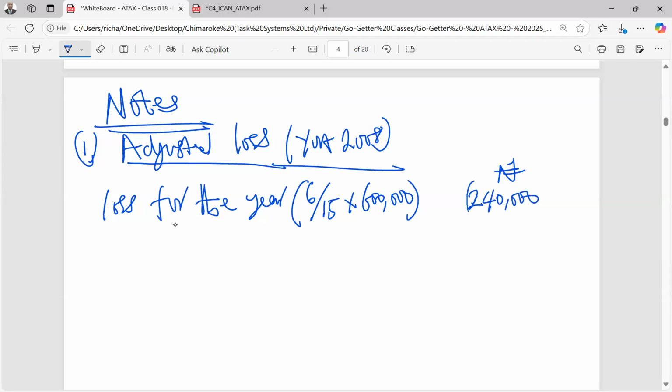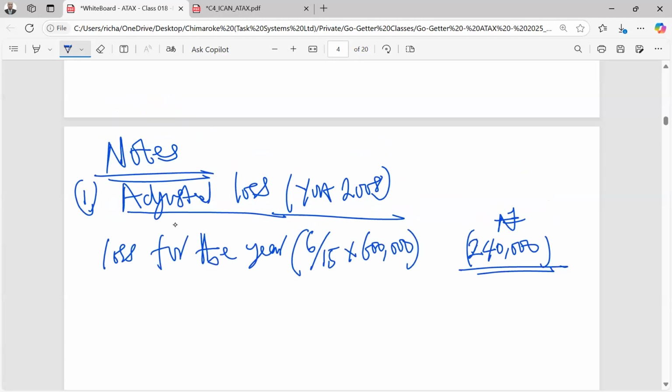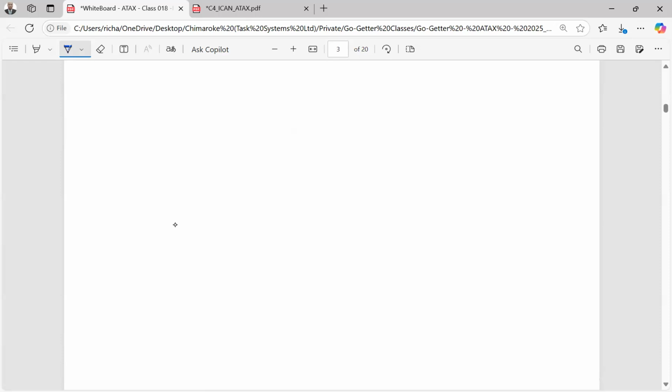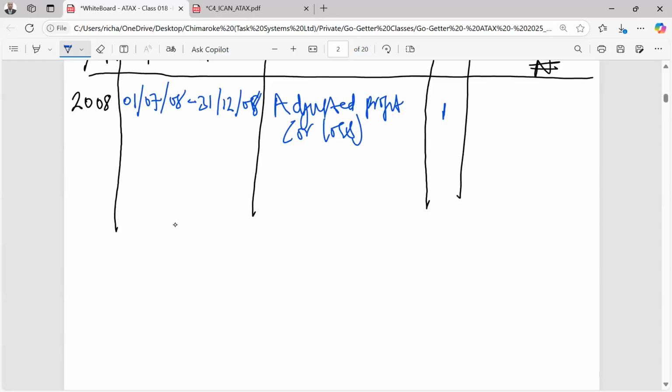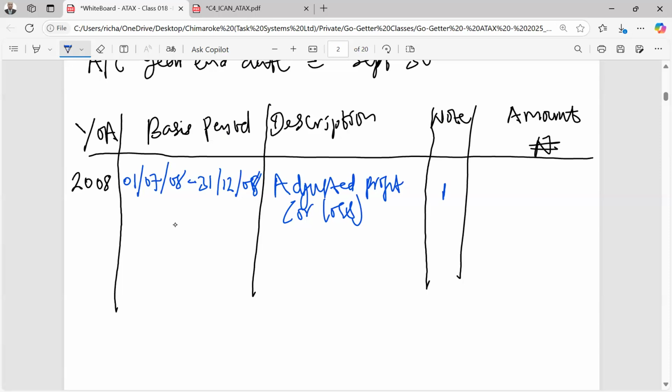This is going to be a loss. I'm going to take it all the way up and bring my loss to be 240,000. And that's a loss. We are going to be carrying it forward.